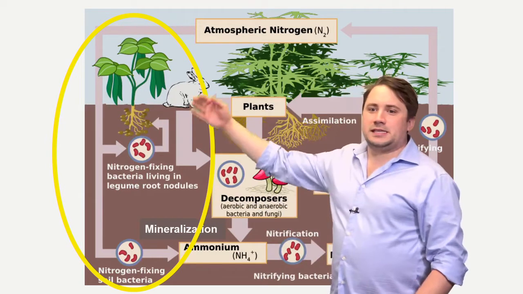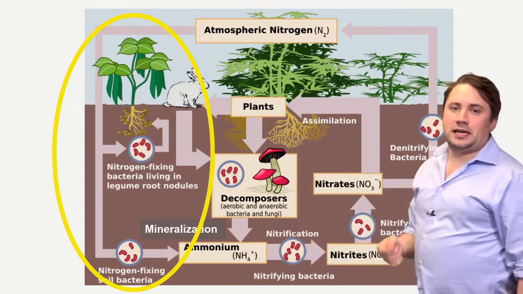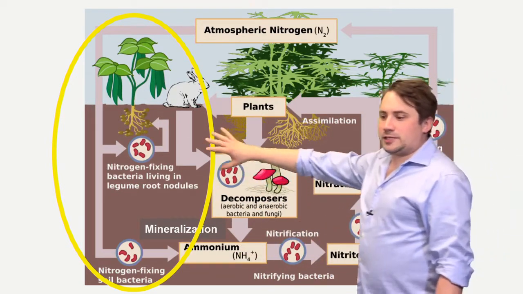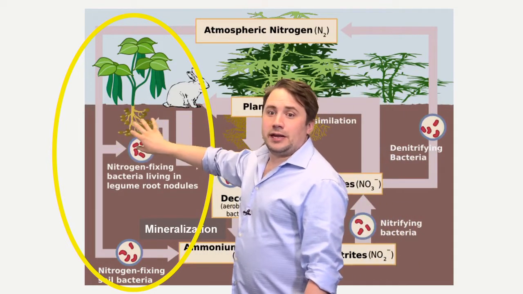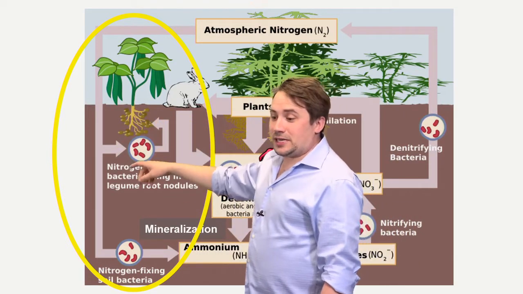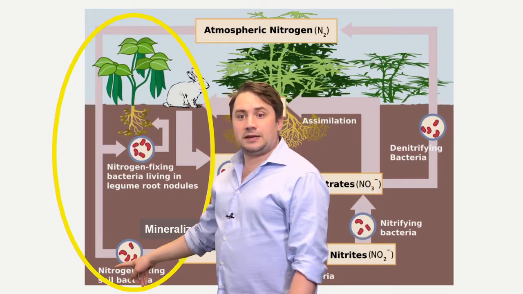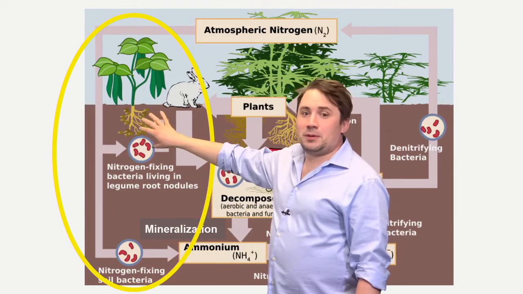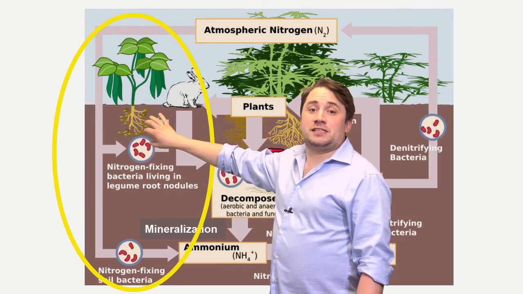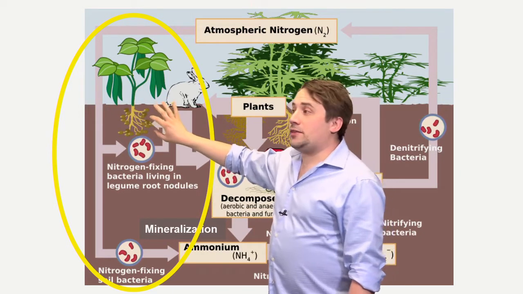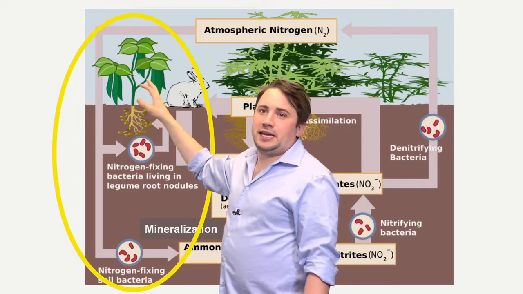So this is a diagram of the terrestrial nitrogen cycle that I'm going to keep returning to in this lecture, and we've just discussed this component here, nitrogen fixation. Nitrogen fixation can happen by just microbes that are hanging out living in the soil by themselves. They can fix nitrogen. It can also happen by microbes that have symbioses with plants. This is the case with beans and peas and peanuts.